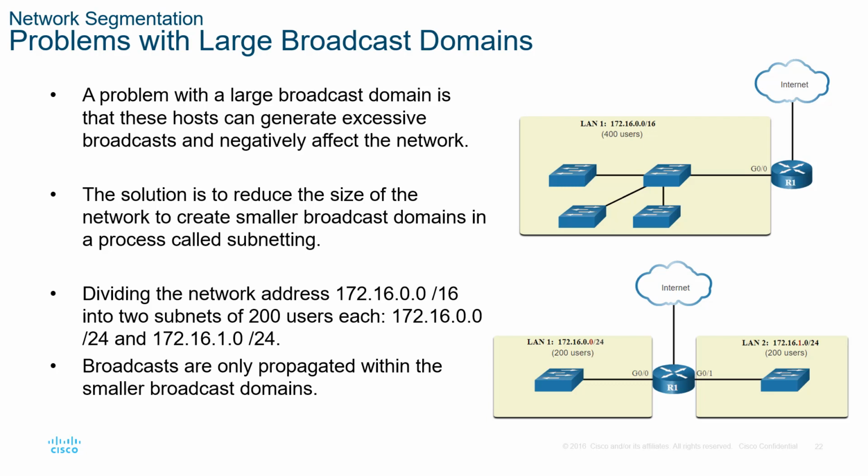And again, they do not cross a layer 3 boundary. So the above photo shows 400 users on one network, and you'll notice the diagram underneath it, which is two networks, each with 200 users. The 200 users will not affect one another because broadcasts do not cross that layer 3 boundary. This is a way to segment the network.